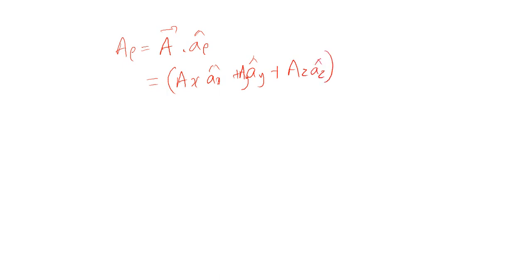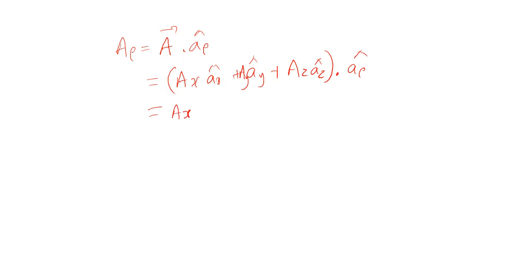So what is that? Aρ is A dot ρ cap, what is the value? What is A? In Cartesian it is Ax cap plus Ay cap plus Az cap, dot ρ cap. So dot product is distributive over addition, so I can distribute the dot product.